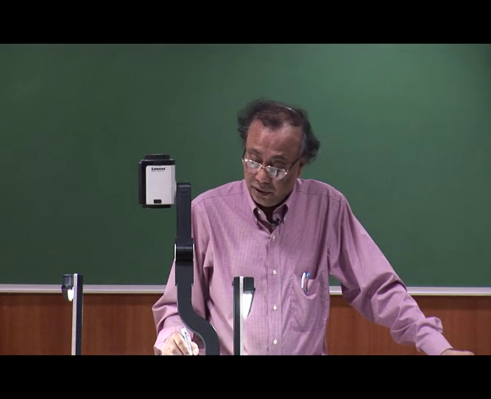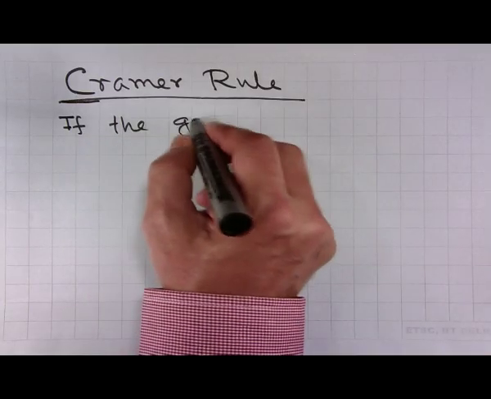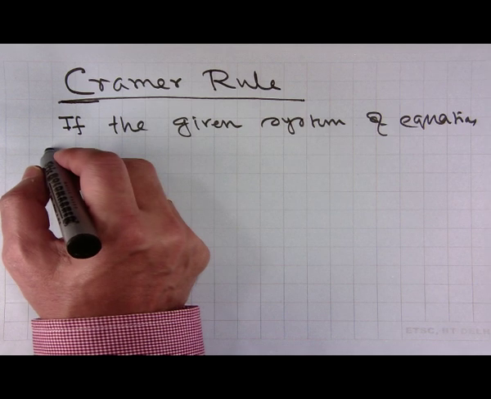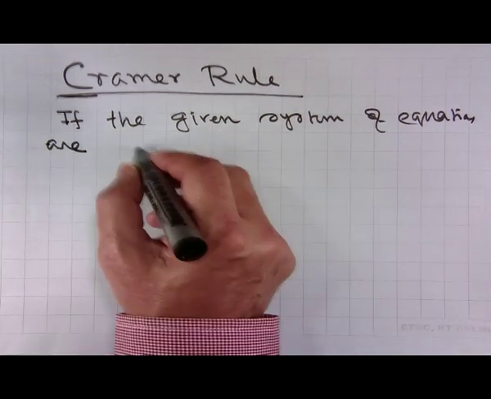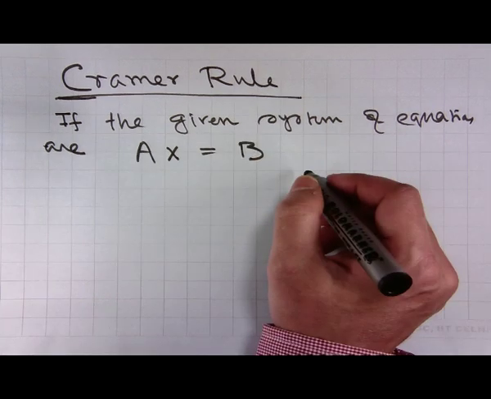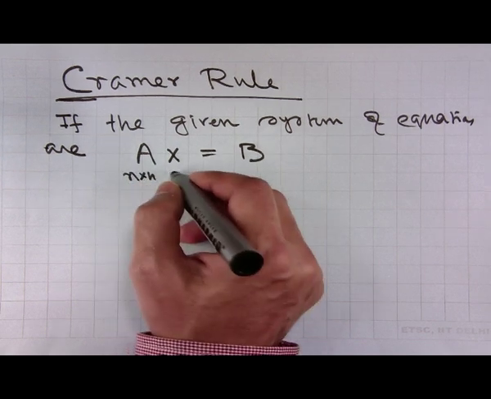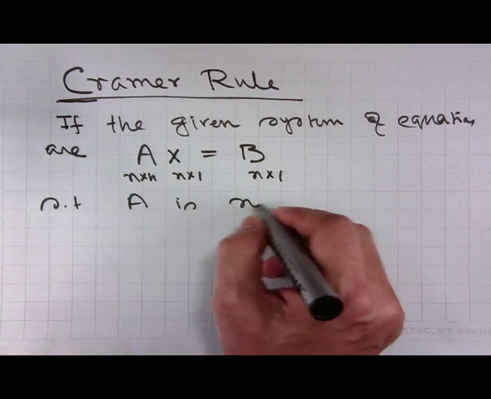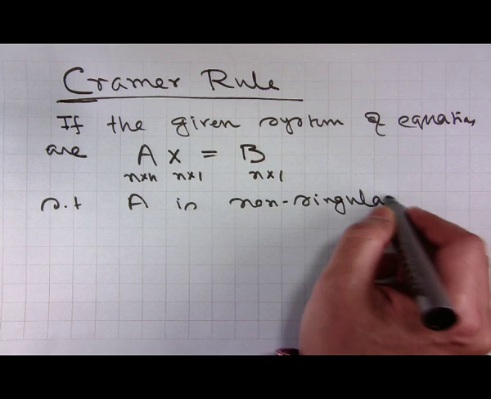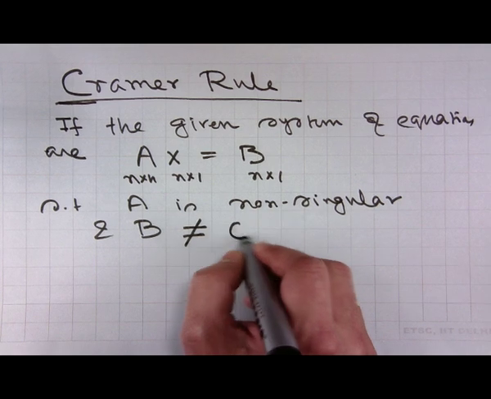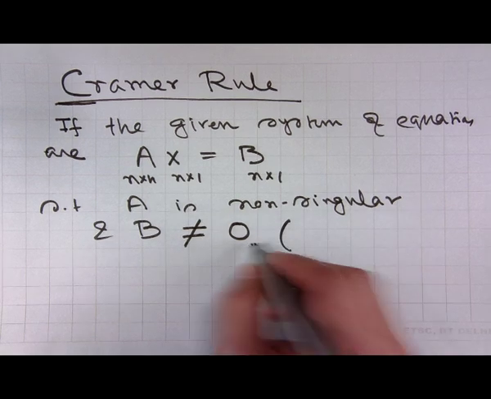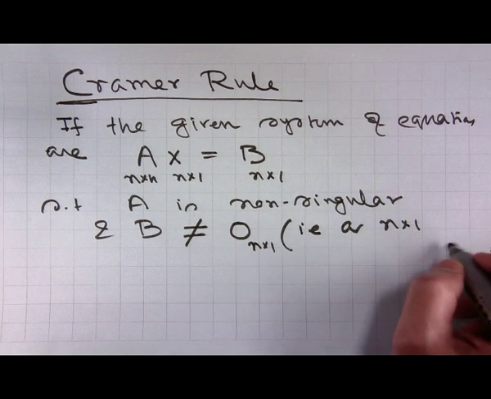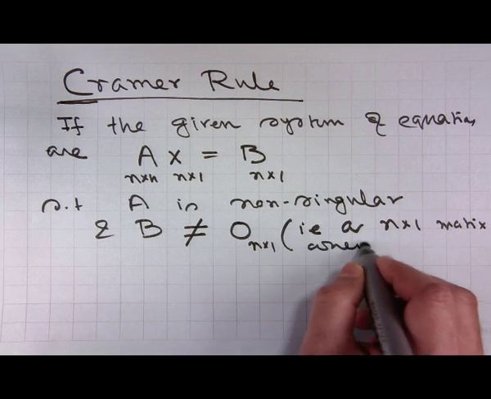The idea is, if the given system of equations are A x is equal to b, where A is n cross n, x is n cross 1, b is n cross 1, such that A is non-singular and b not equal to 0 vector, that is a n cross 1 matrix where all values are zeros.